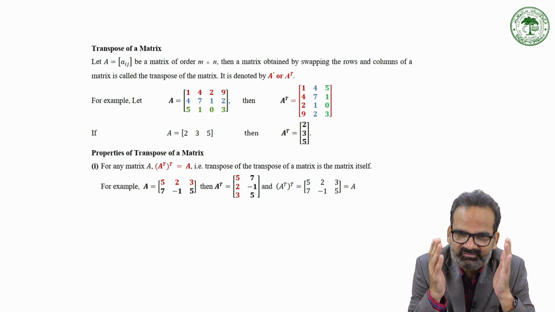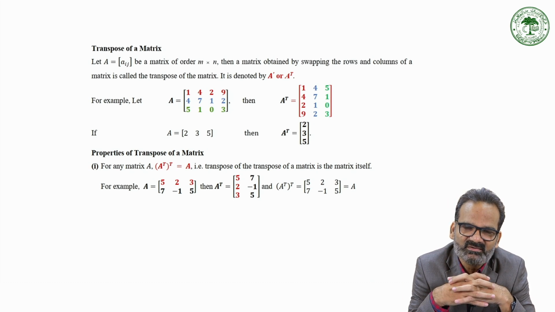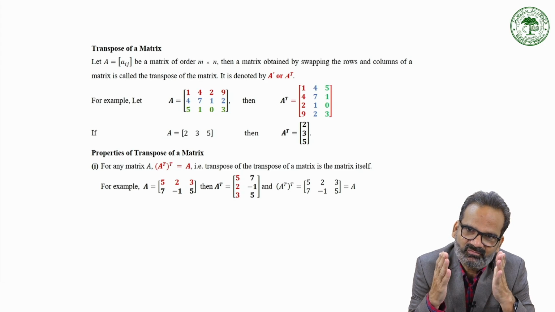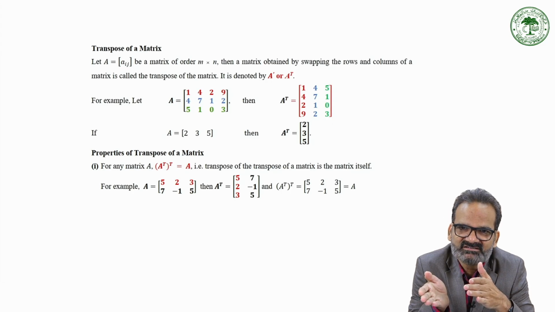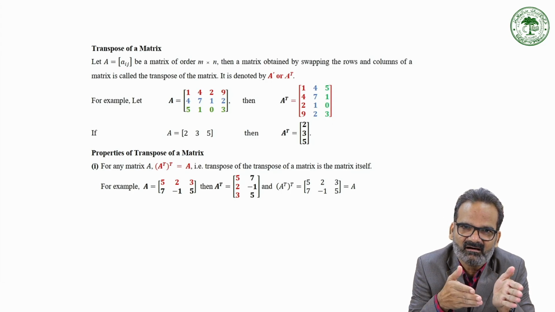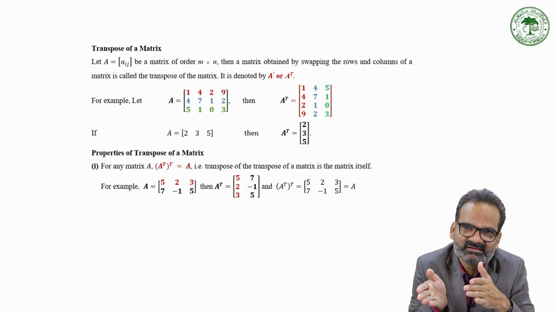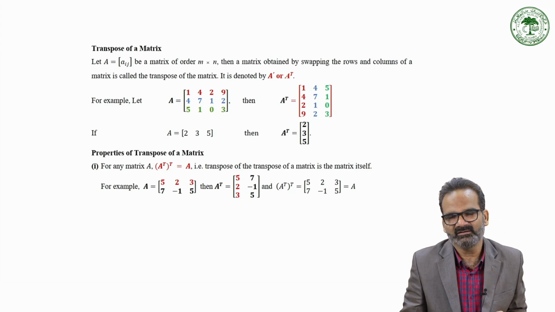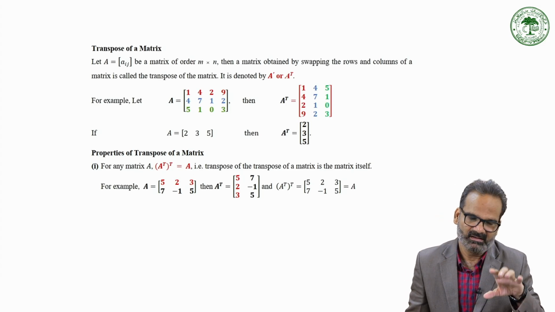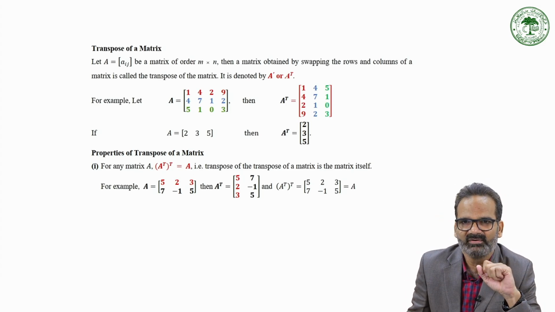Order preserved means the first row should be interchanged with the first column, the second row with the second column, and the third row with the third column. By doing this operation, you can always find the transpose of any matrix.